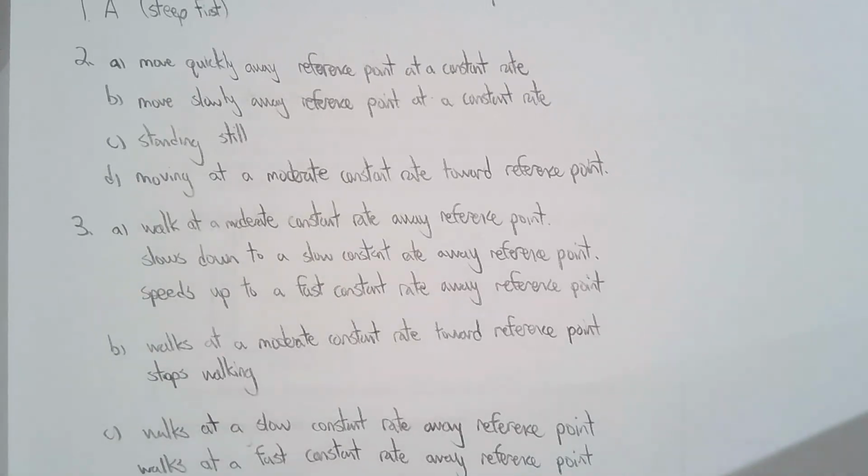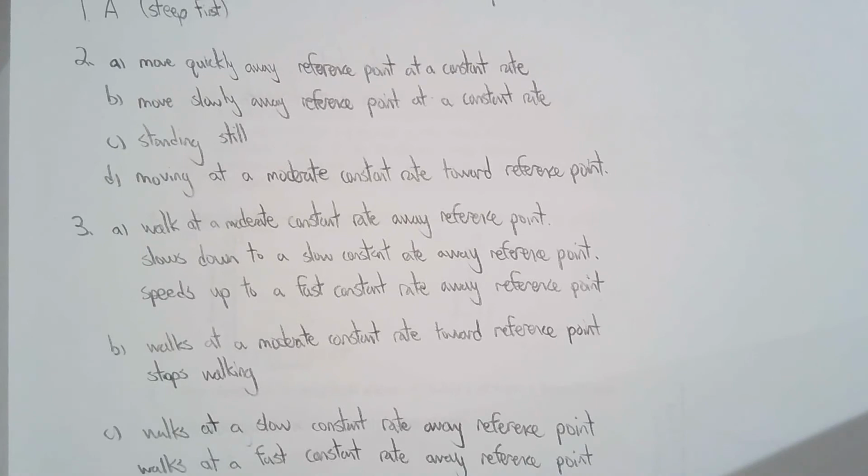For number 3, it's basically question 2, but there are more segments to the graph. So for question 3a: walk at a moderate constant rate away from the reference point, slow down to a slow constant rate away from the reference point, and then speed up to a fast constant rate. That's all I can gather this to represent the motion, because if I look at the graph, I'm just looking at how steep the line segments are.